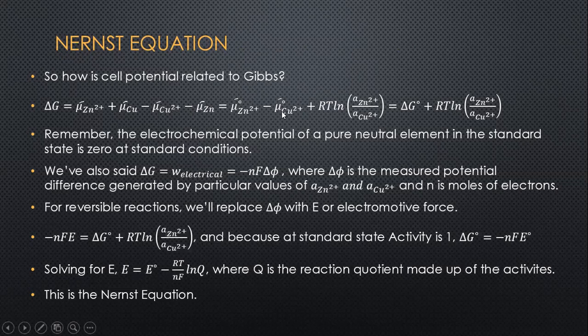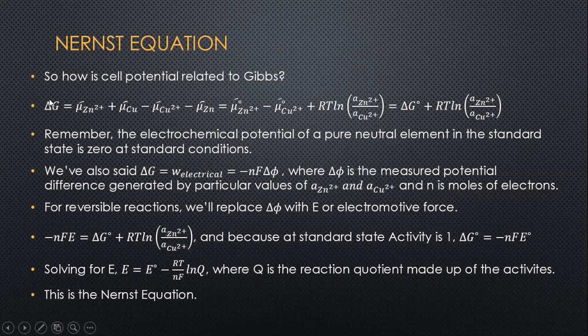So we can simply say, well, then it's the chemical potential of zinc ions in standard state, minus the ECP of copper ions in standard state, plus RT ln of the activities of these two, products over reactants. And if this is at standard state, we can just absorb that into Gibbs.